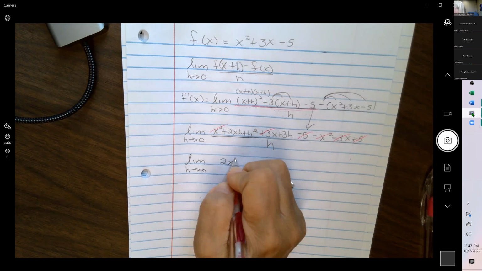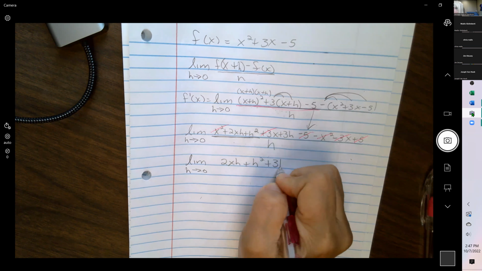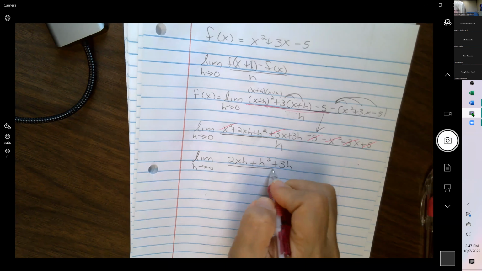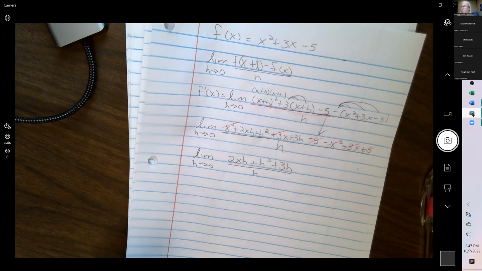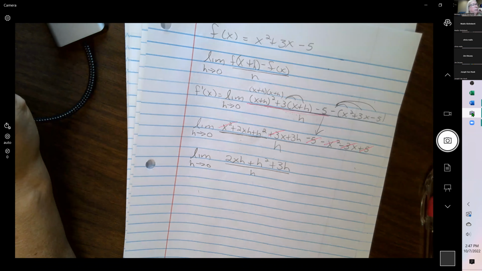So we have the 2xh plus h squared plus 3h divided by h. Any questions on that? Did that answer your question, Laura?